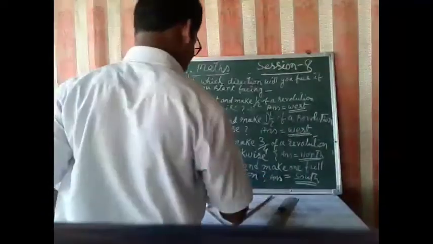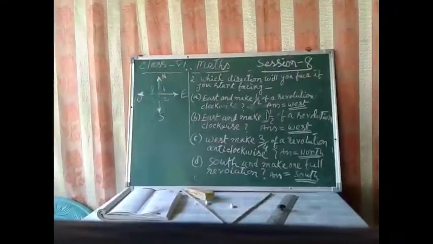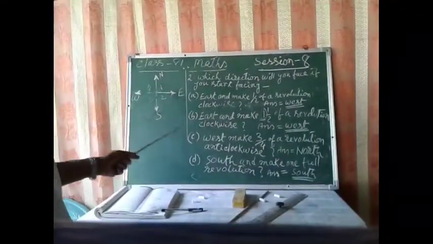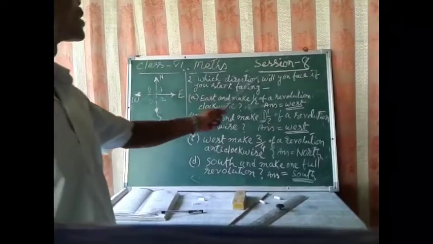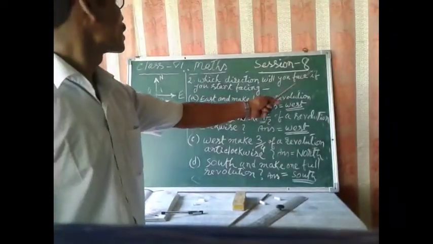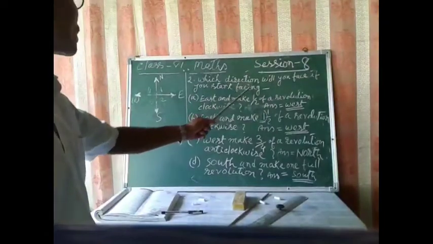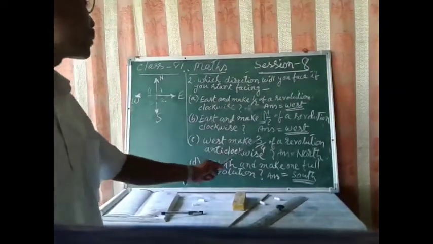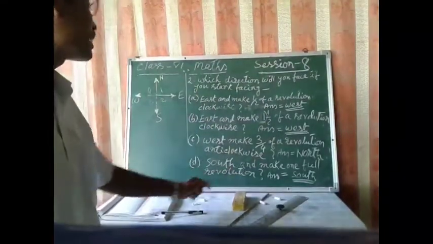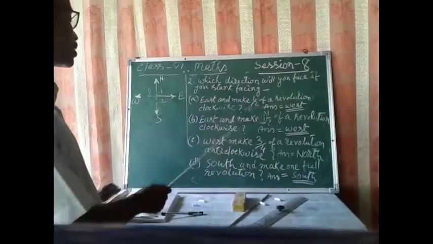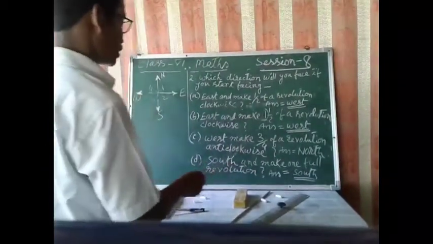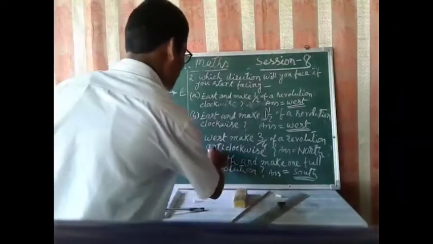Next one. Question number C. Which direction will you face if you start facing west? Make 3/4 of a revolution anti-clockwise. I first told you clockwise, but it is anti-clockwise.